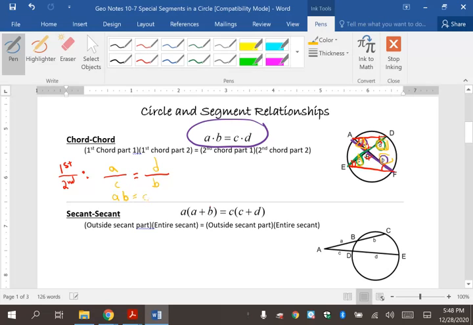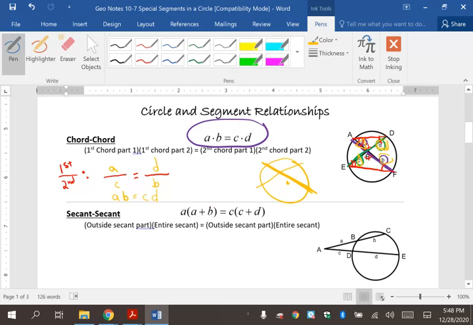So anyways, the formula works because of similar triangles, and you don't have to derive it every time, but I just want you to be thinking about similar triangles. In summary, if I have 2 chords that intersect, look at one chord, and the product of those 2 pieces equals the product of the other 2 pieces multiplied together.